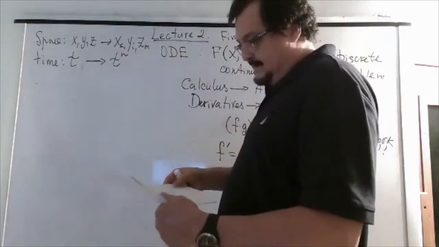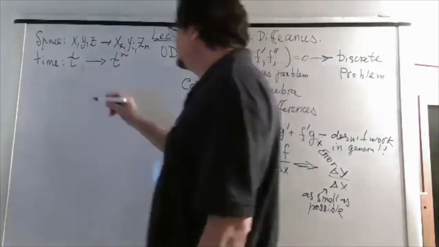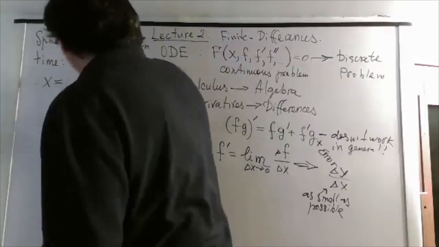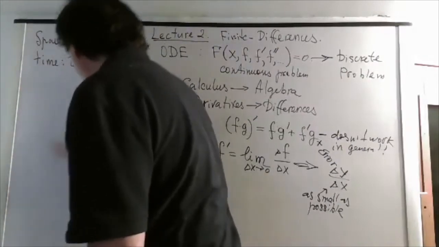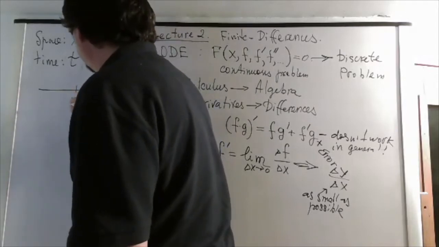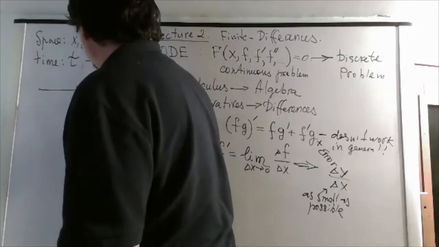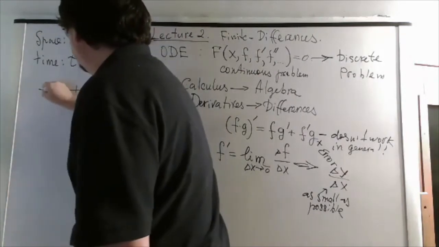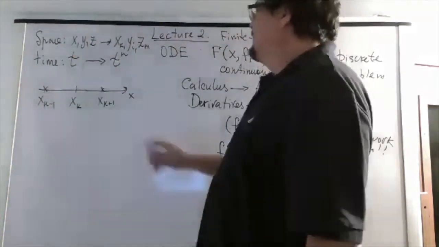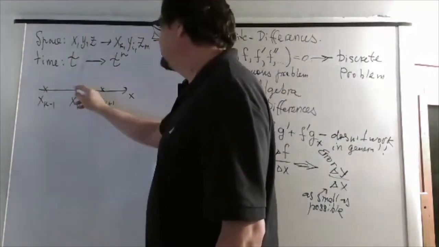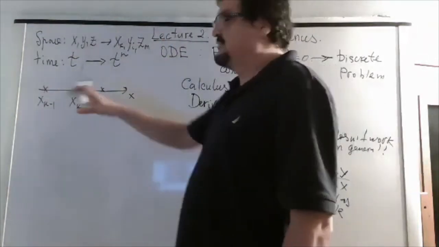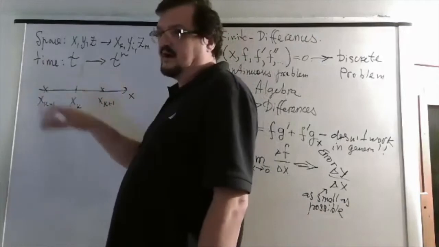Okay, so now distance. For example, if you have a grid in x, you have, say, x_k plus 1 and x_k minus 1. These are your points, and the distance between them is not necessarily the same. They can be pretty arbitrary.